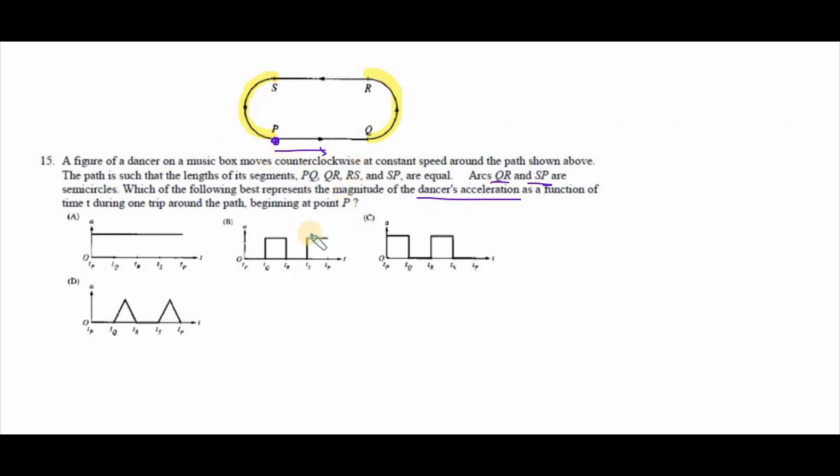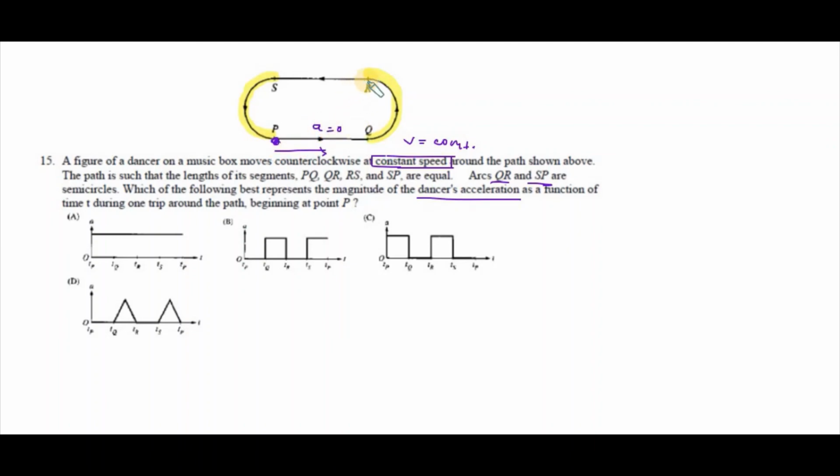So what would be the probable acceleration-time graph? Initially it is given that it moves with constant speed. Constant speed along the linear path from point P to point Q means its acceleration would be 0.